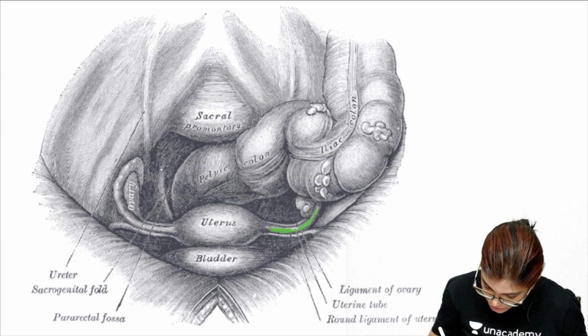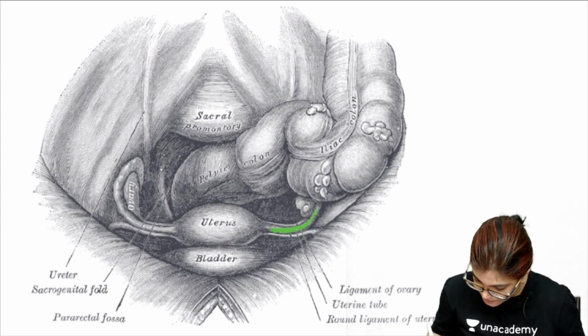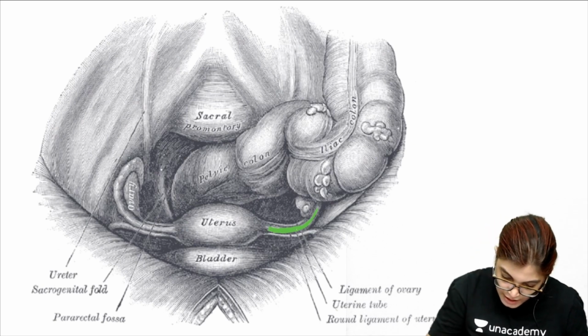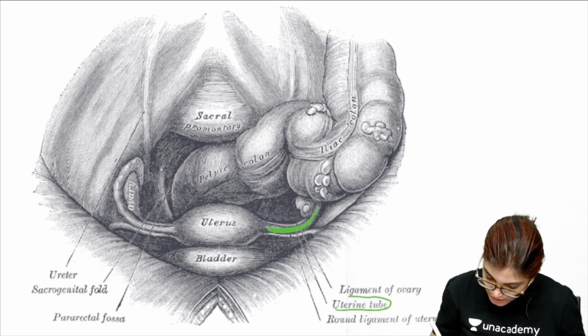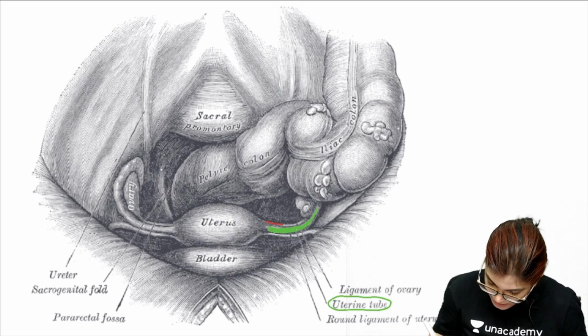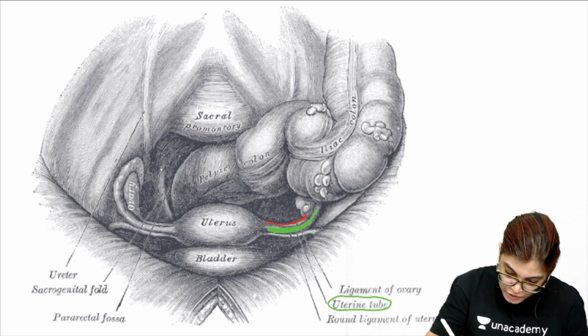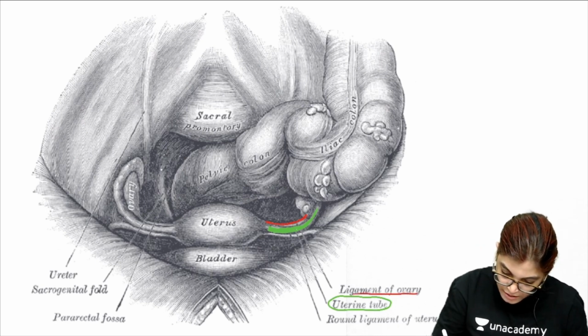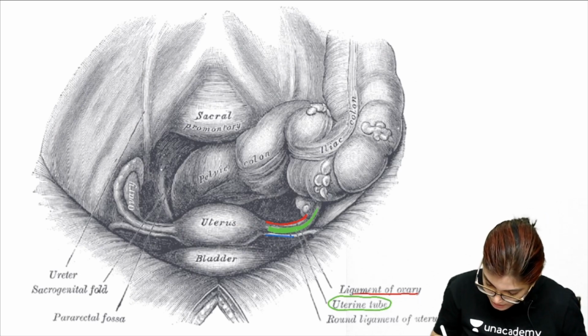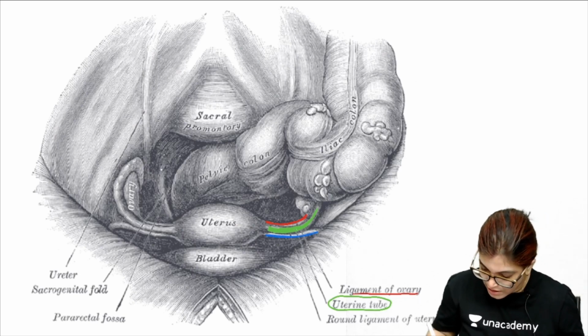This is the uterine tube. I am using red color for the ligament of ovary. This is ligament of ovary, and I am using blue color for the round ligament. So this is round ligament.